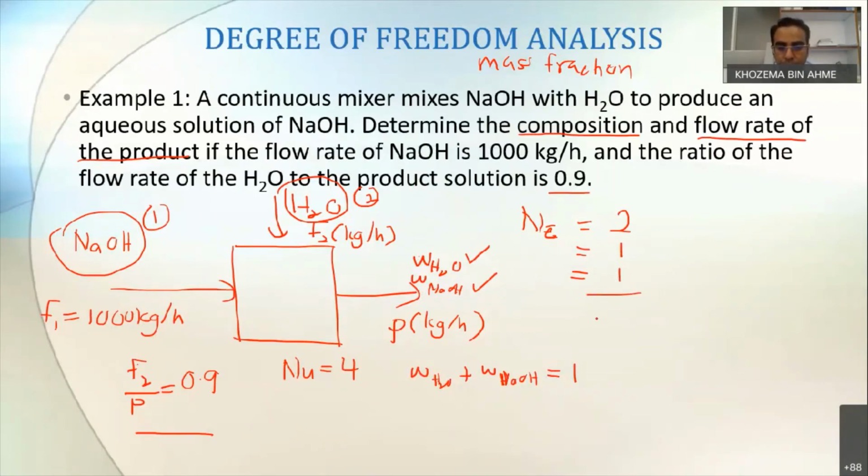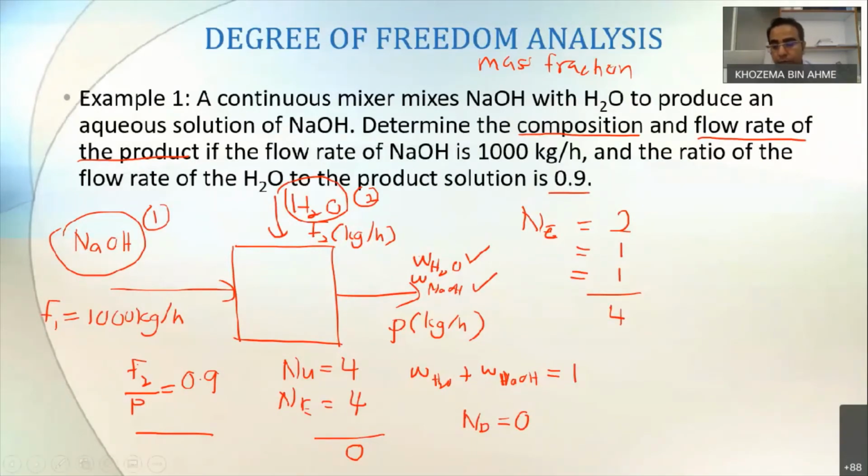So in total, I have 4 independent equations. So now I have NE equal to 4. So 4 minus 4, I get my degree of freedom is 0. So I can say that my ND is equal to 0, meaning that I have enough independent equations to solve for all the unknowns.